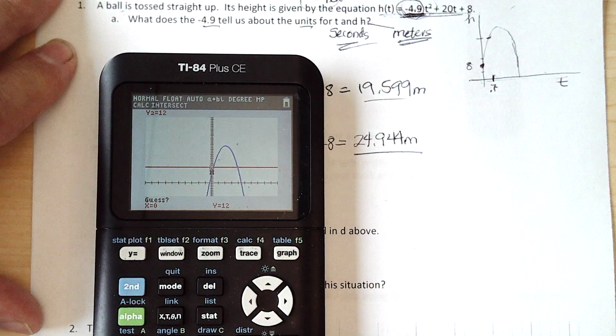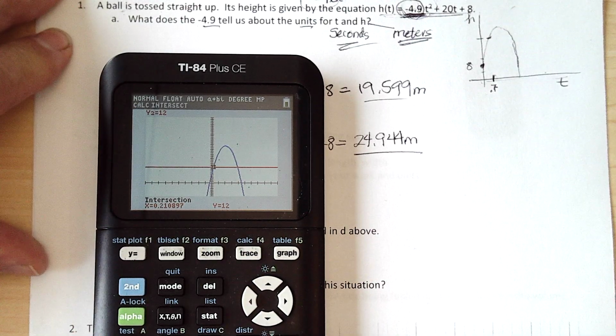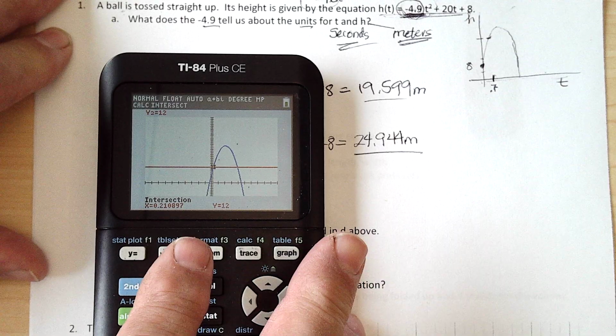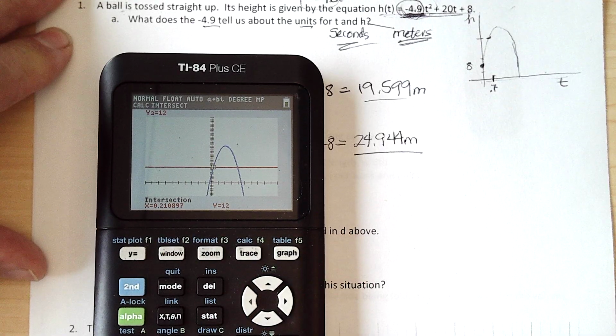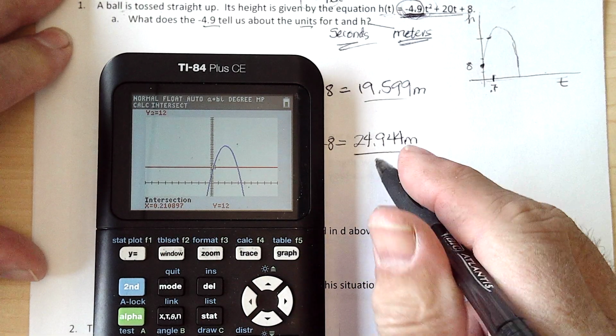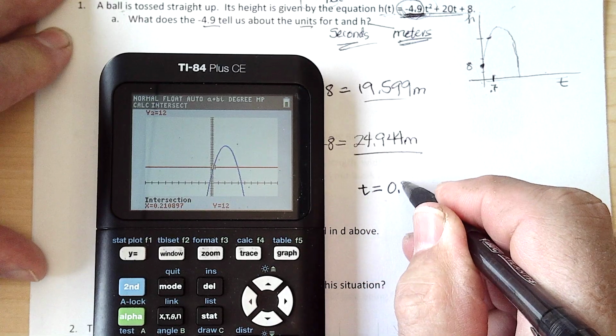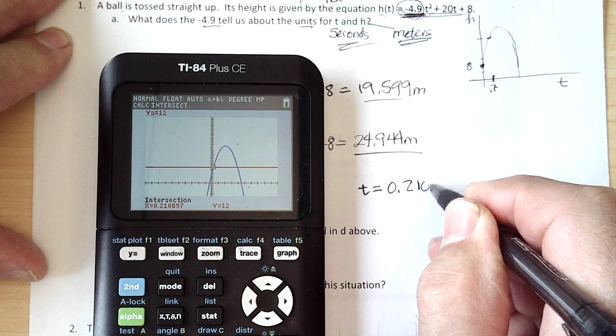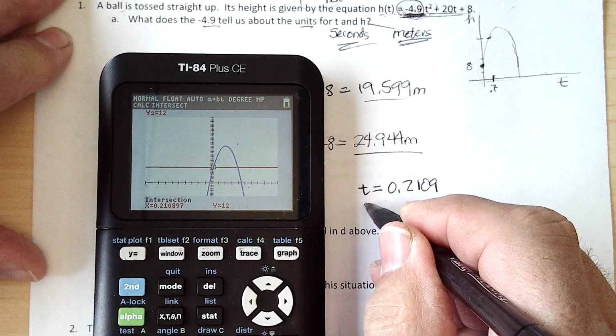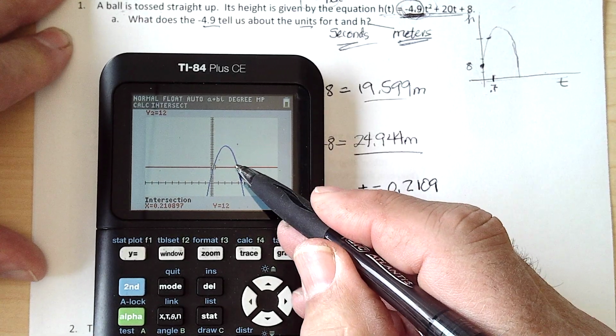And my guess is pretty close to 0. And it says, nope, 0.2109 rounded. So at time equal to 0.2109, and then it's again at 12 over here.